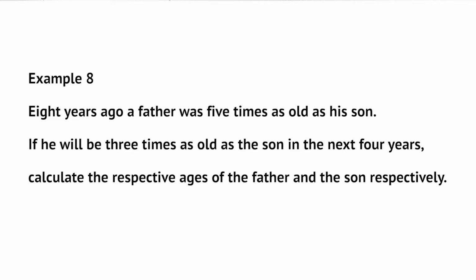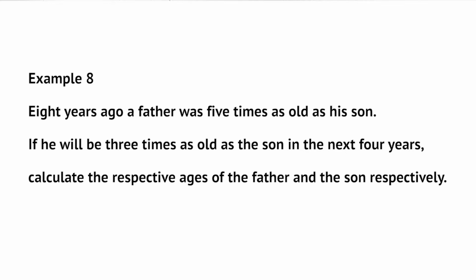But here, he has mentioned both future and ancient. 8 years ago, a father was 5 times as old as the son. If he will be 3 times as old as the son in the next 4 years, calculate the respective ages of the father and that of the son.